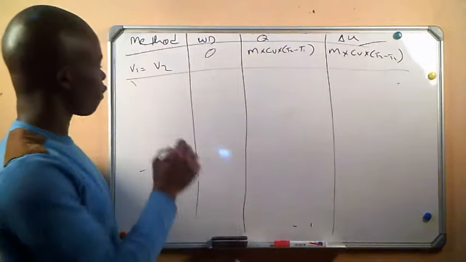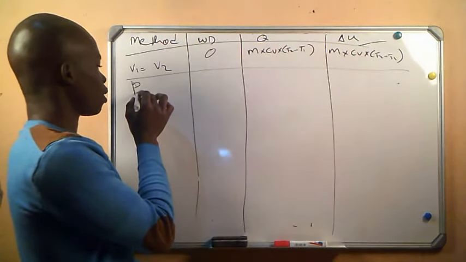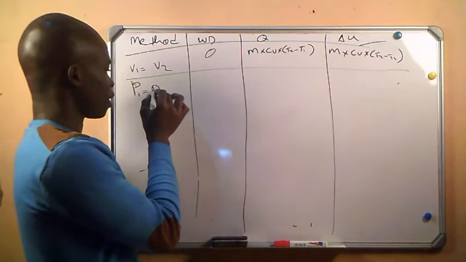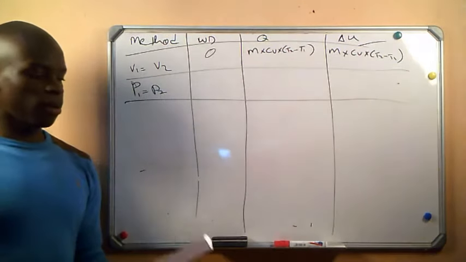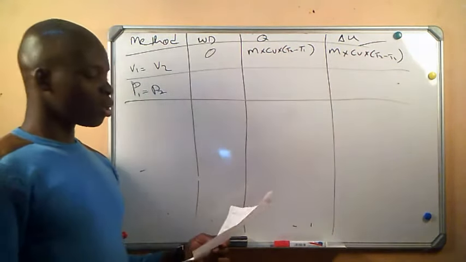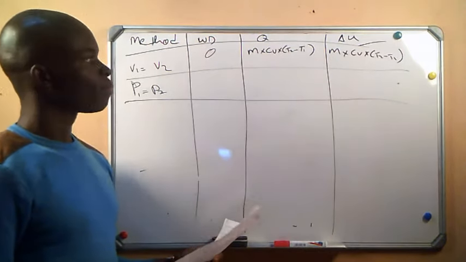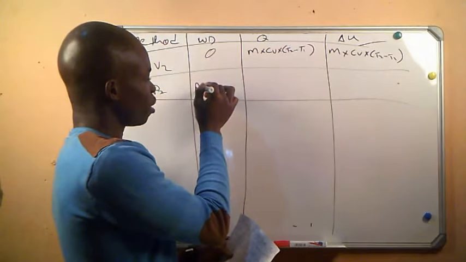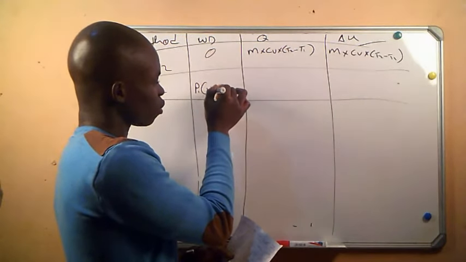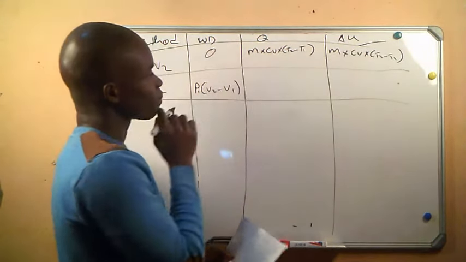We have another method, and it's constant pressure. In constant pressure, because there will be change in volume, there will be work done. So work done is given by P times V2 minus V1.